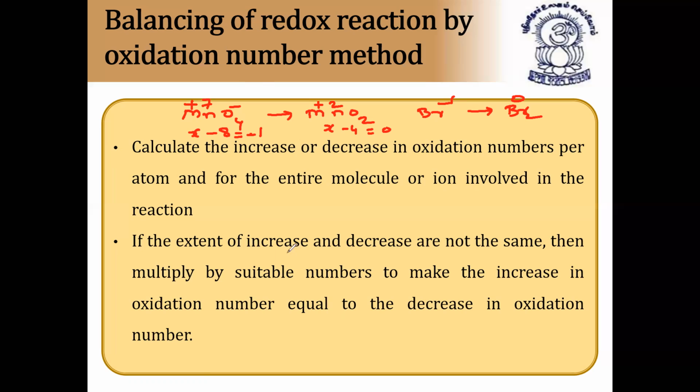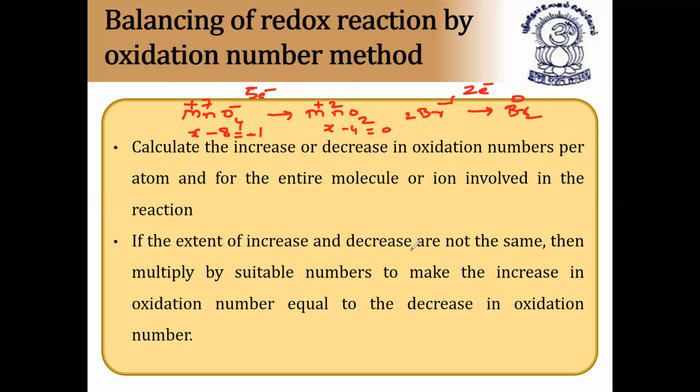If the extent of increase and decrease are not the same, then multiply by suitable numbers. Now here it is 5. The difference is what? 7 changes to 2, it is nothing but 5 electrons. And here it is minus 1 changes to 0; we have to take 2 Br minus, so Br2. So minus 1 changes to 0 means the number of electrons changed is 2 electrons. So 5 and 2.